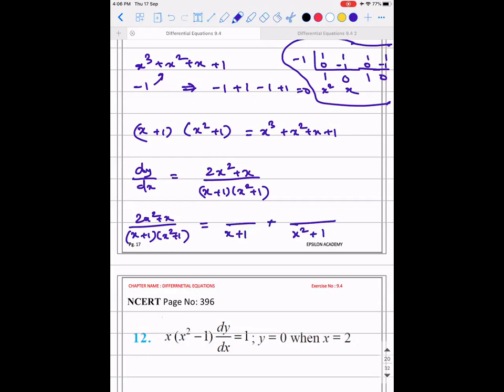Right? So what will be the numerator of x plus 1? A. What will be the numerator of x square plus 1? Bx plus c, because we have a quadratic in the denominator. Right?